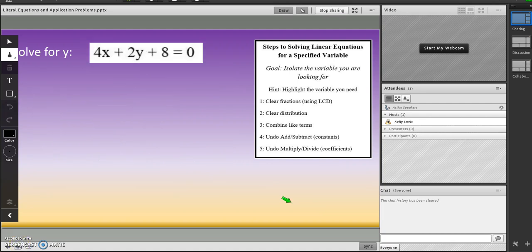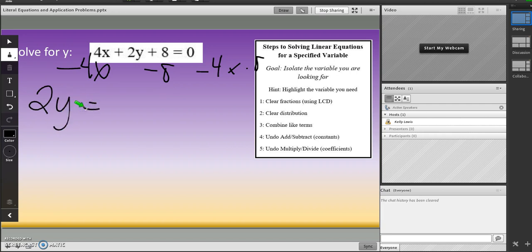So another one. We want y all by itself. So I'm going to move this 4x. I'm subtracting because it's the opposite operation. I'm going to subtract 8 because it's the opposite operation on both sides. So I get 2y equals negative 4x. I moved this guy. And then I'm going to move this 8, minus 8. Okay, and then I need to divide by 2.